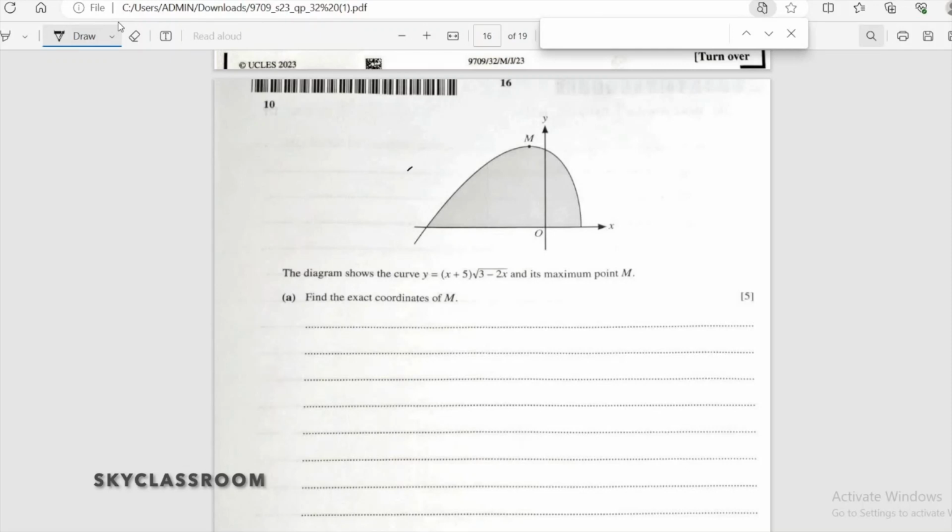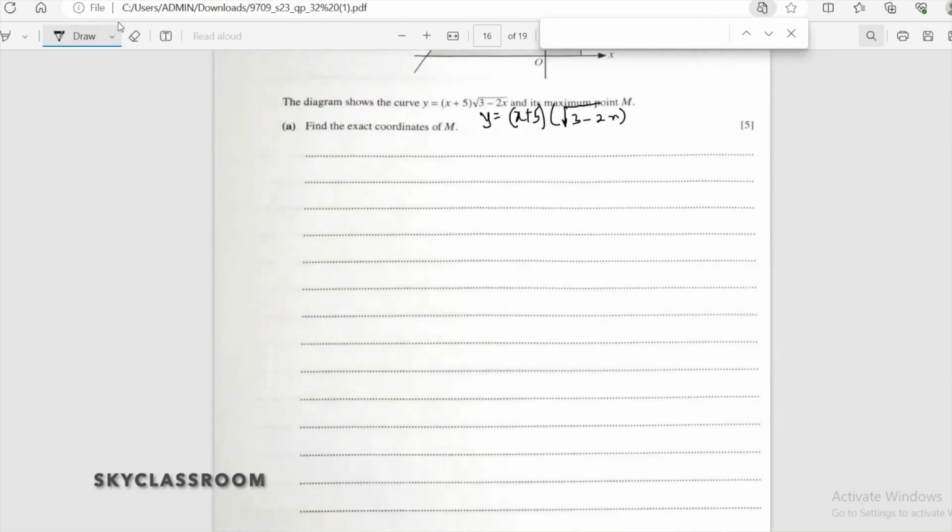Now, so the function is y equal x plus 5 multiplied by square root of 3 minus 2x. So dy dx using product rule will be, put down the first function x plus 5 and differentiate the second function.